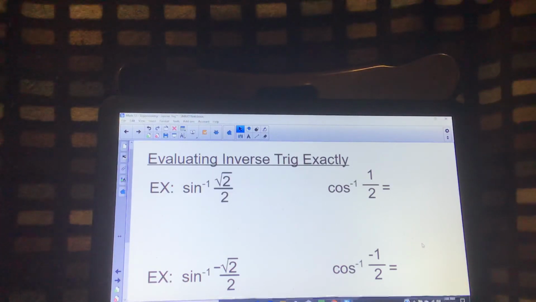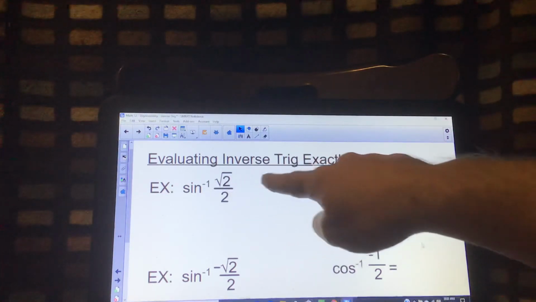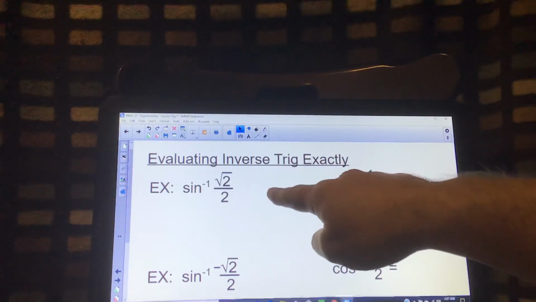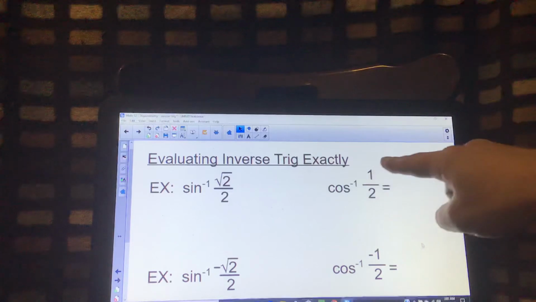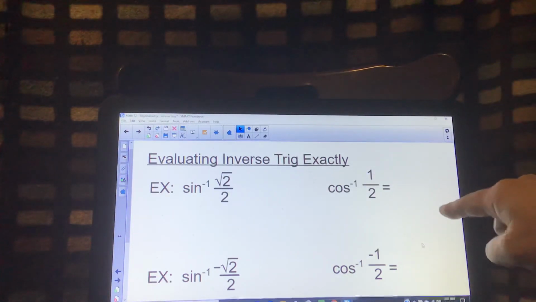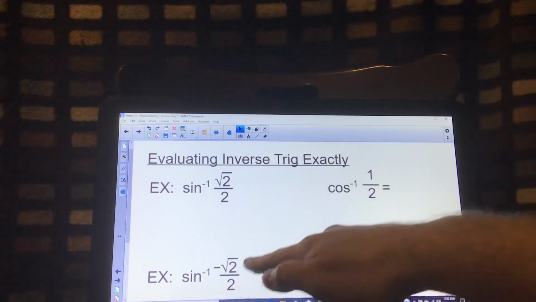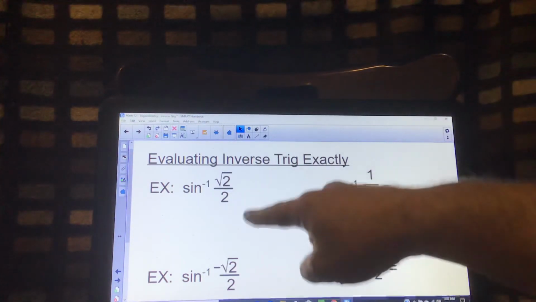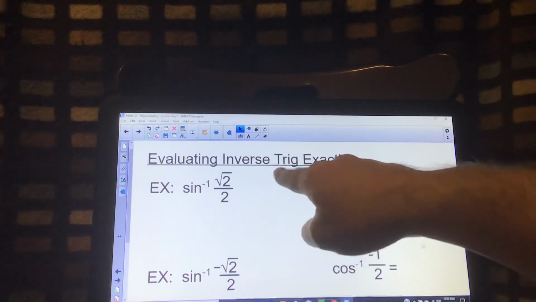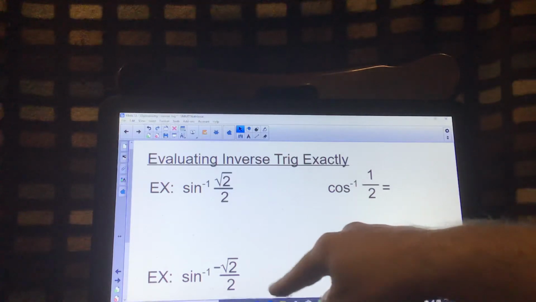So to go through the answers again, sine inverse of radical 2 over 2 is 45 degrees, using the table backwards. Cosine inverse of 1/2 is 60 degrees, using the table backwards. If you're taking sine inverse of a negative, you're coming out of quadrant 4. So instead of it being 45 degrees like it was up here, it's actually negative 45 degrees.